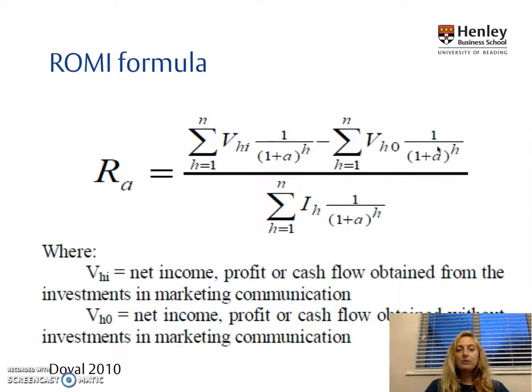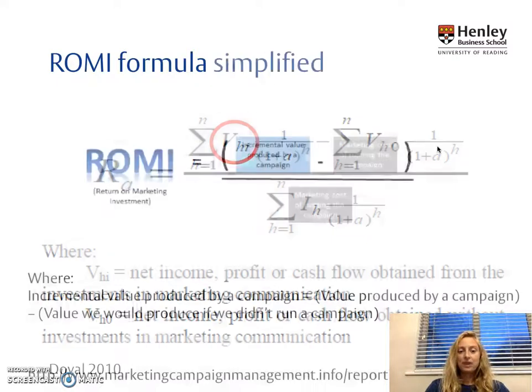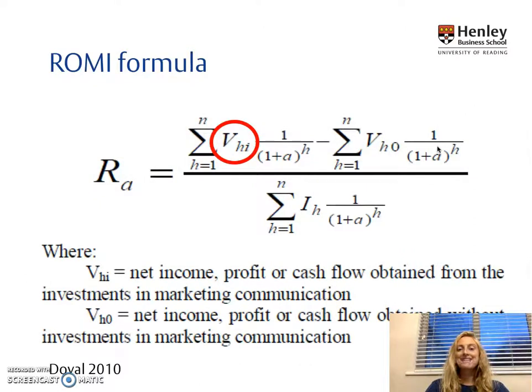So we will start looking into ROMI formulas, and this one might look slightly complicated, but it's not as complicated as it looks, I promise. On the top, you have net income, profit or cash flow obtained from investment in marketing, minus income, profit or cash flow obtained without investment into marketing.